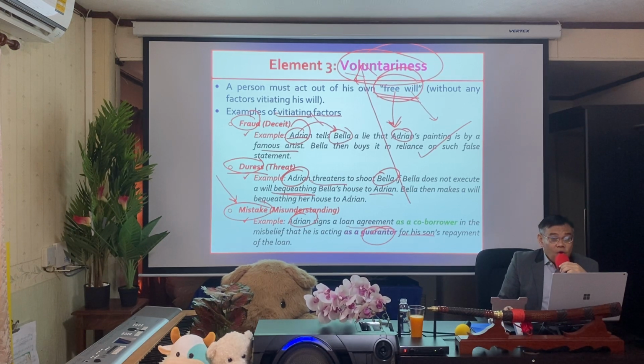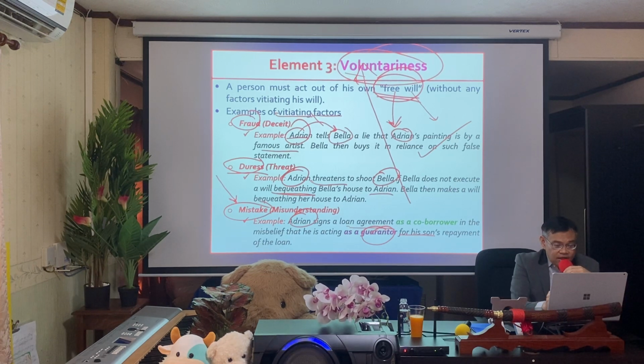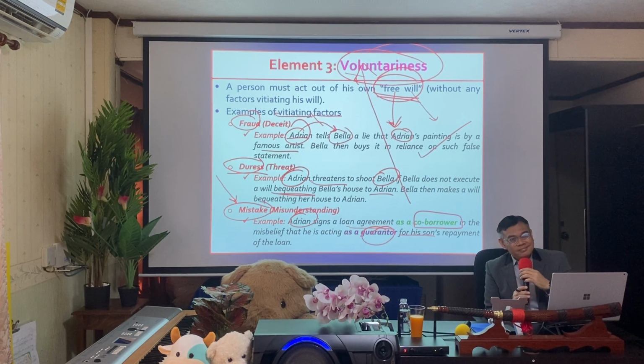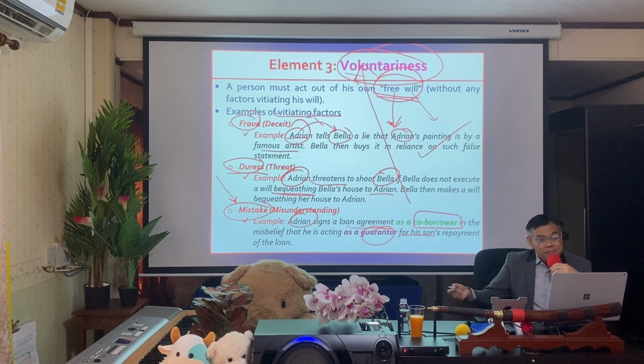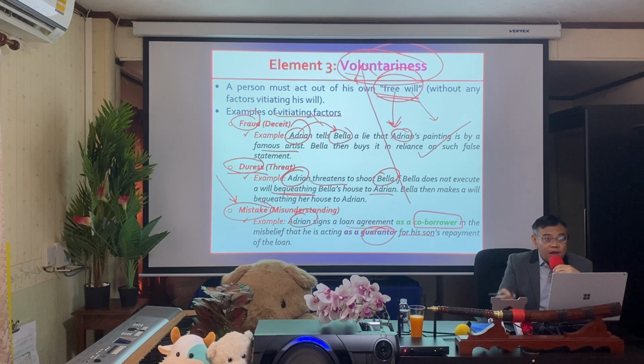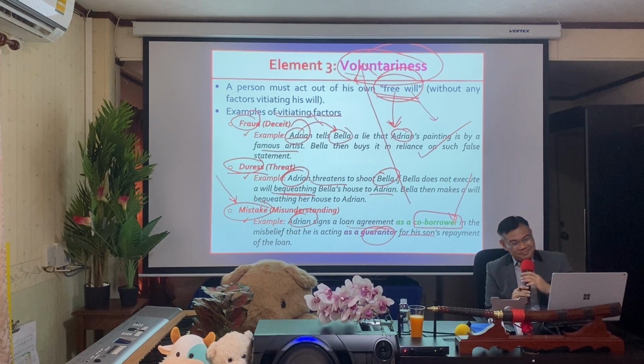But in fact, what he is signing is not a guarantee. The document says that he is the co-borrower. He borrowed money together with his own son. Adrian believed that he was signing a guarantee, but in fact, what was signed by him is the contract under which he is a co-borrower together with his own son.